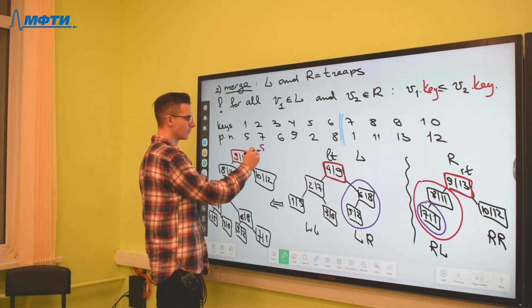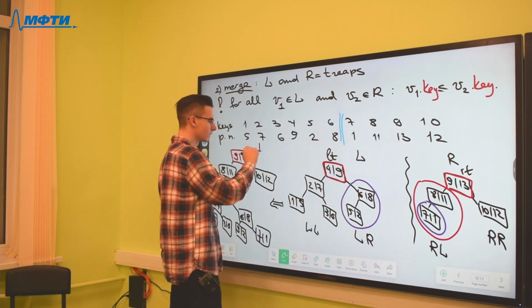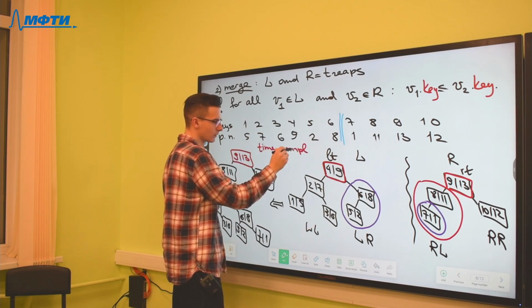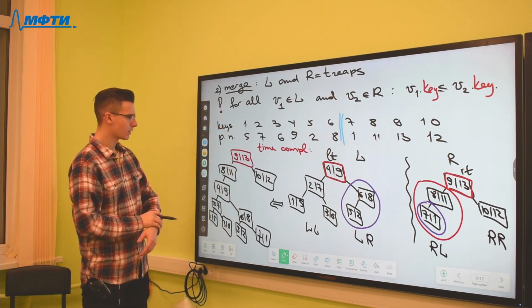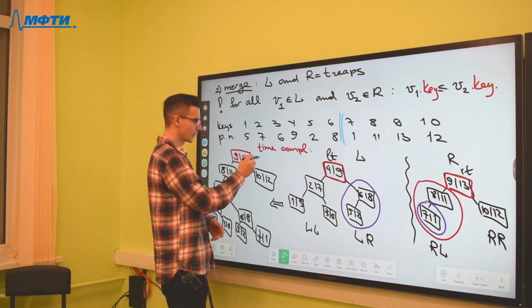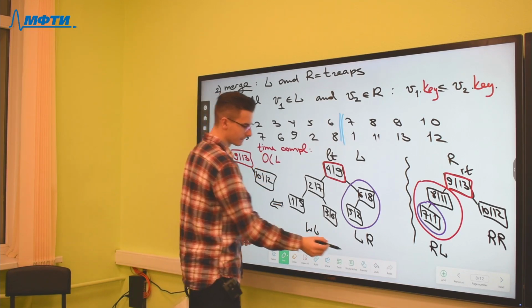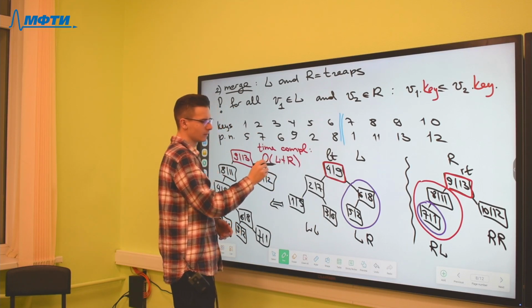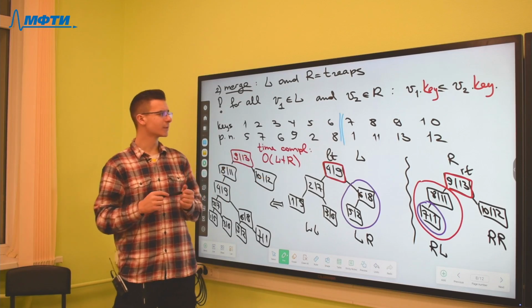So here the time complexity is equal to depth of L plus depth of R, the depths of this treap and this treap.